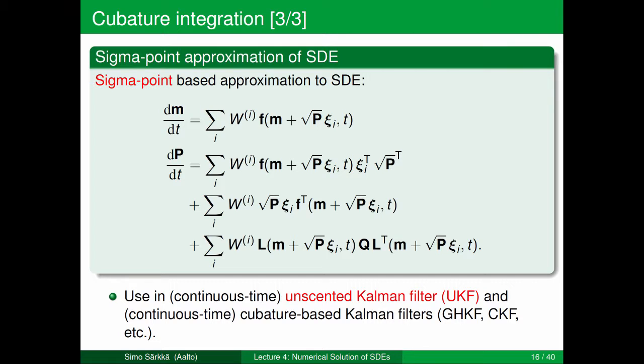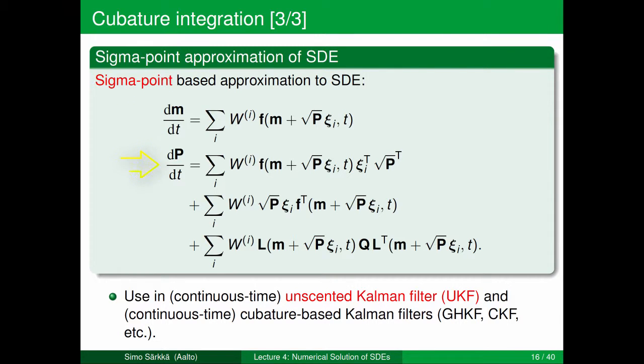The resulting mean and covariance differential equation approximations then look like this. So the time derivative of the mean is given by the numerical integral of f of x over the Gaussian distribution, which is approximated as a weighted sum of f's evaluated at m plus the square root of P times xi_i.